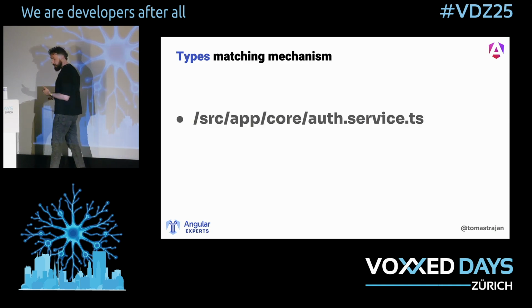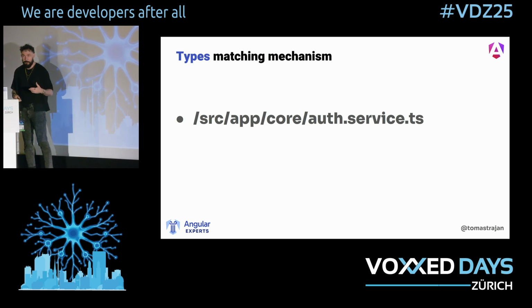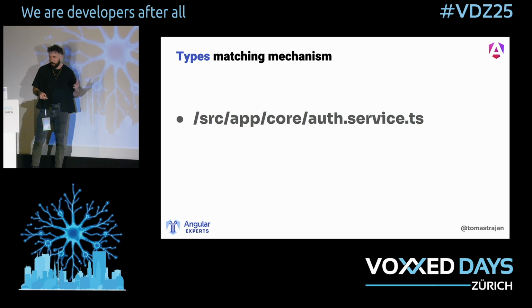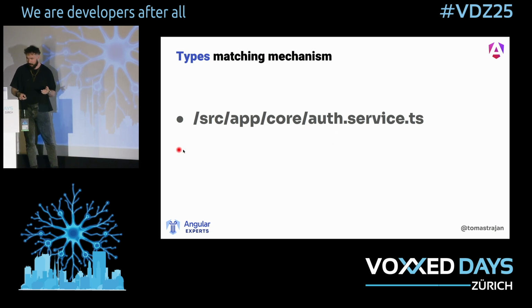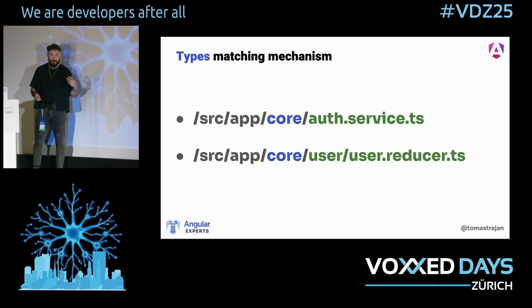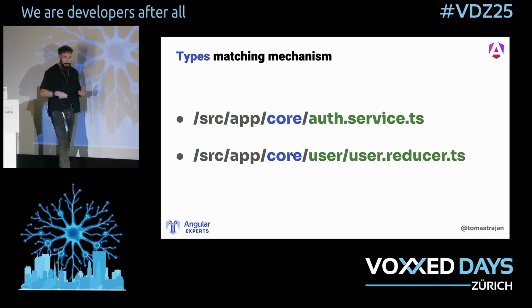So what do I mean? If we have a very simple Angular CLI workspace, we would have our application in the src folder. So there will be something like src/app/core/auth.service or src/app/core/user, whatever, if you use NgRx. So with such an architectural type, it will be recognized that those two files belong to the core architecture type.